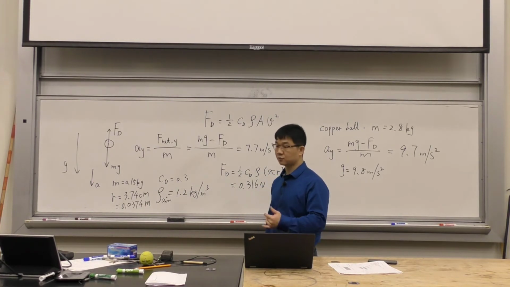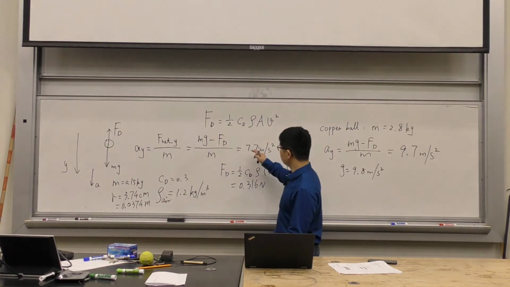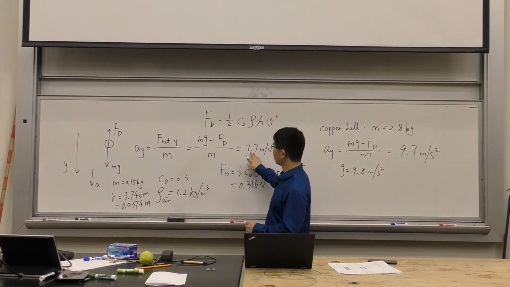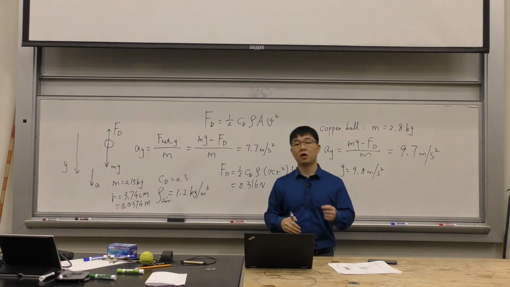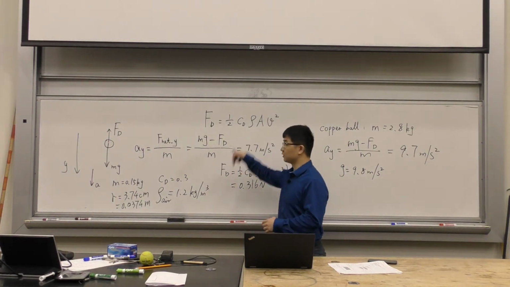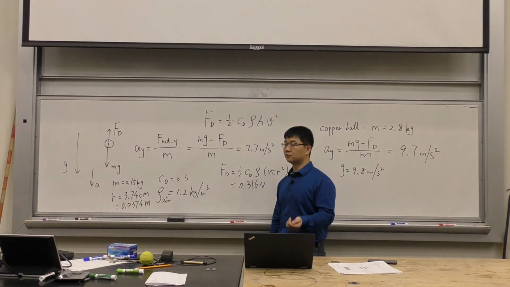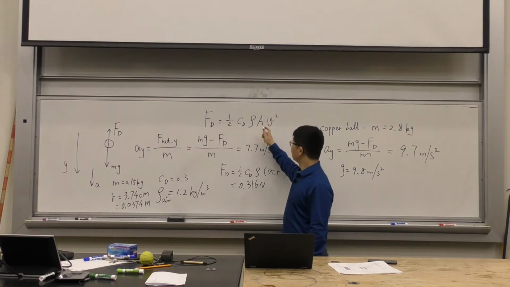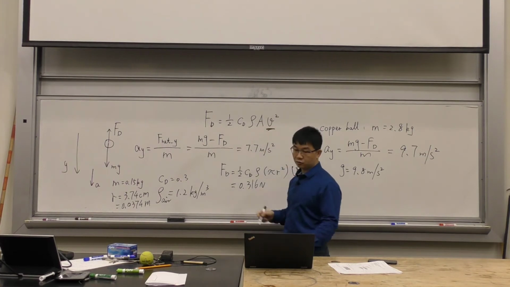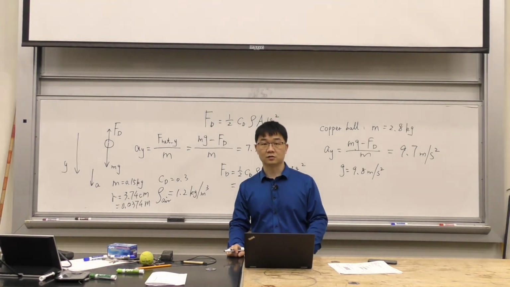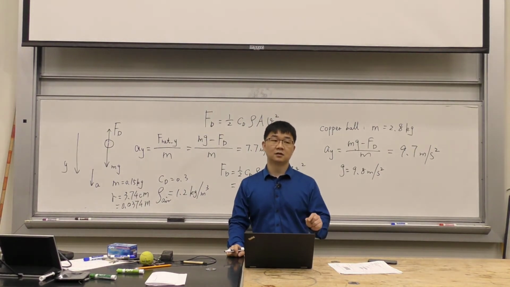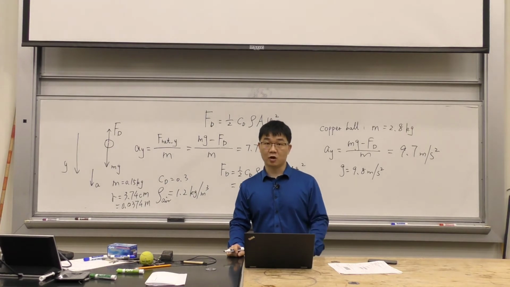So that's the interesting part, because once it has some acceleration, the next second the velocity should get a little bit larger because it's still accelerating down. But when the velocity gets larger, what about this guy? This also changes because the air drag also changes with the velocity. So the next second, the air drag is going to get a little bit larger.